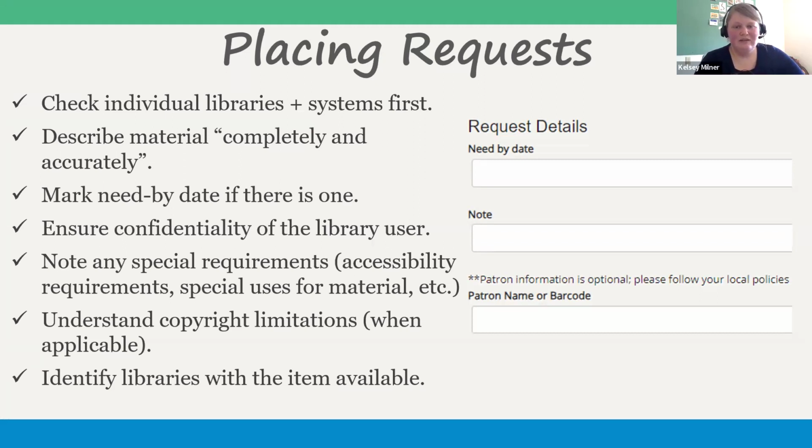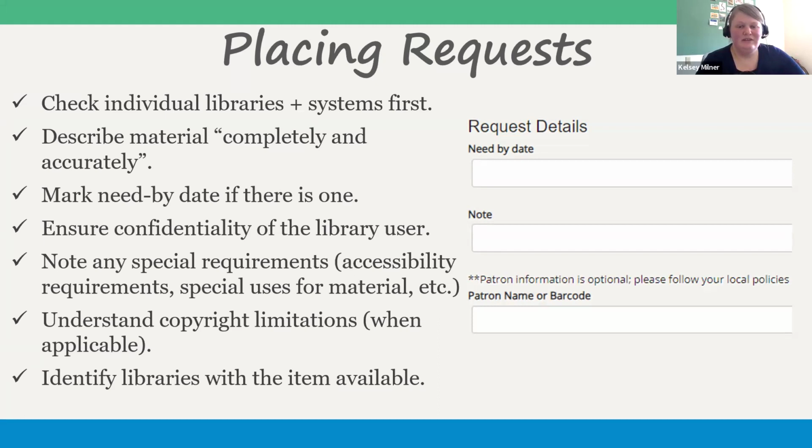One of the other things the code says is that it's important to ensure the confidentiality of your library patron. The code says explicitly in section 4.2, interlibrary loan transactions like circulation transactions are confidential library records. Requesting libraries are discouraged from including a user's name on a request submitted to a supplier.